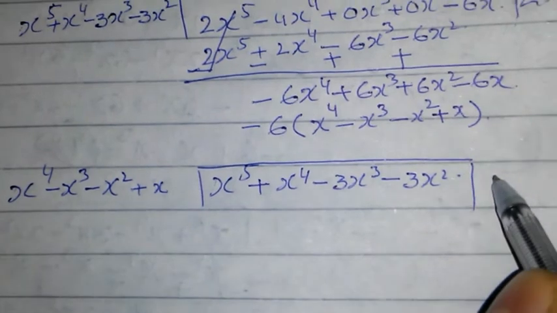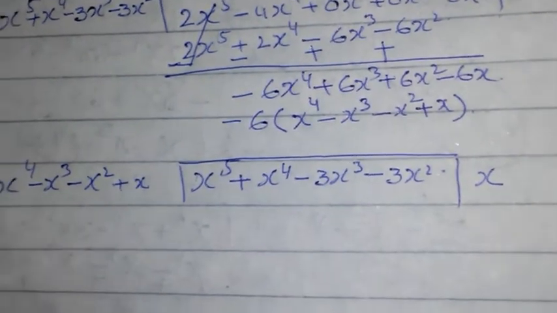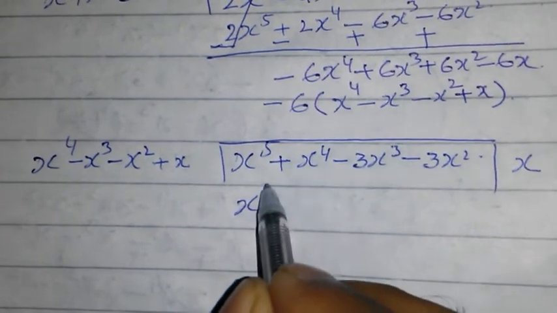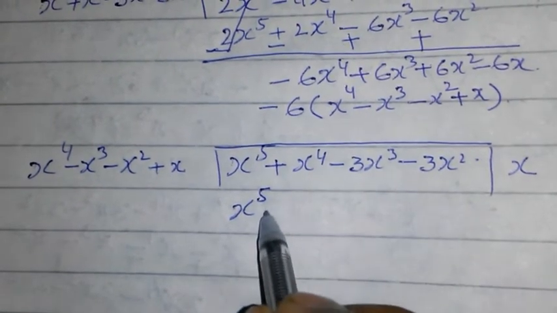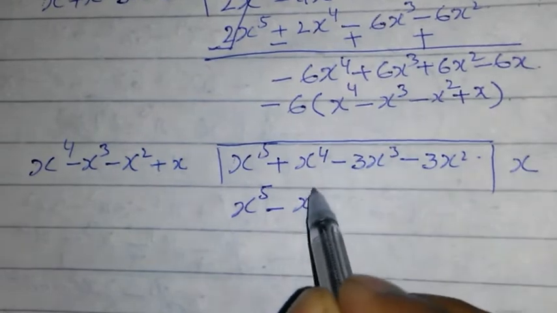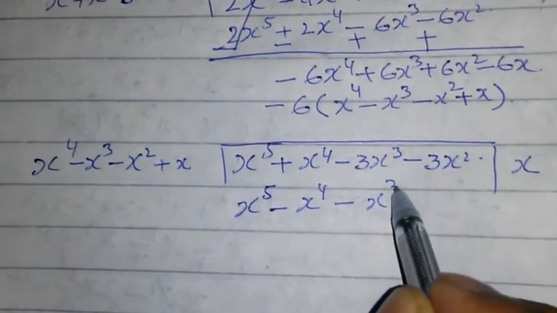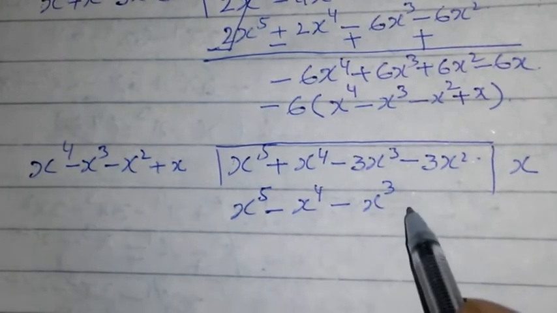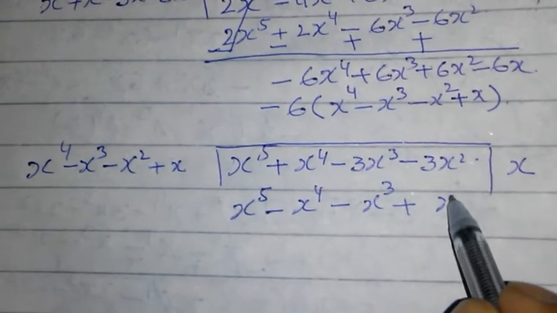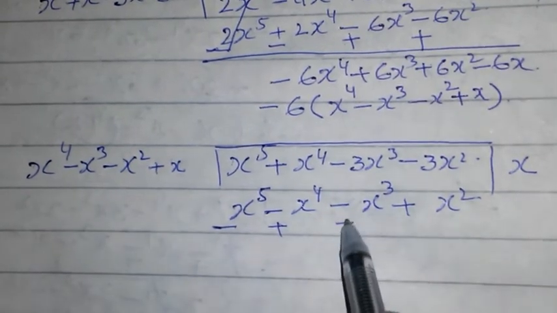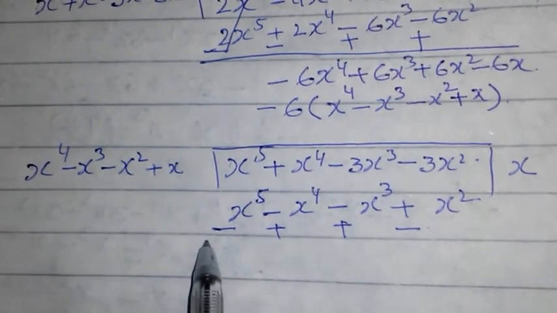We need here x to multiply with this and write over there: x to the power 5 minus x to the power 4 minus x cube plus x square. Minus plus plus minus.